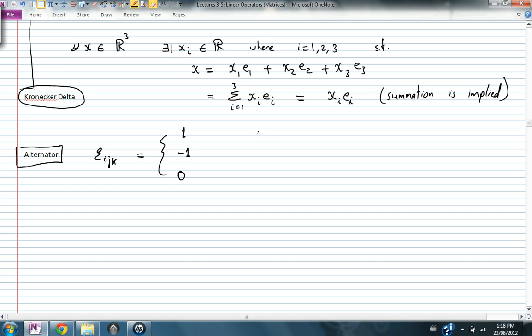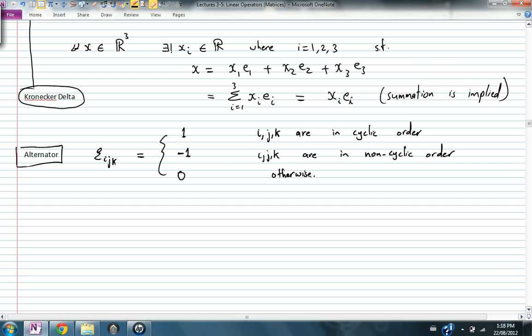It's equal to 1 when i, j, and k are in cyclic order. Equal to -1 when i, j, and k are in non-cyclic order. It's equal to 0 otherwise.